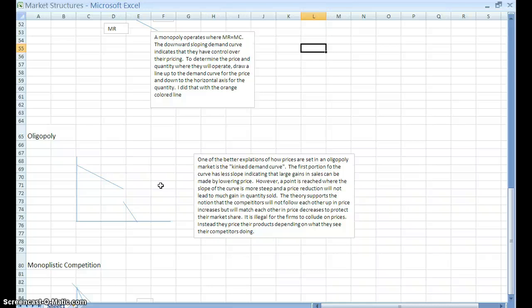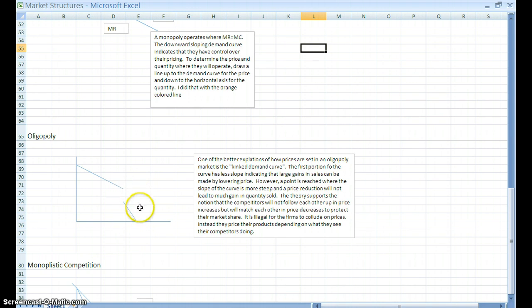So the way an oligopoly actually works is the demand curve in the beginning is somewhat horizontal, somewhat elastic. If you lower your price, you can gain a fairly large jump in quantity sold until you reach a point where the competitors of yours will not give up their market share. And now the demand curve gets very steep at that point.